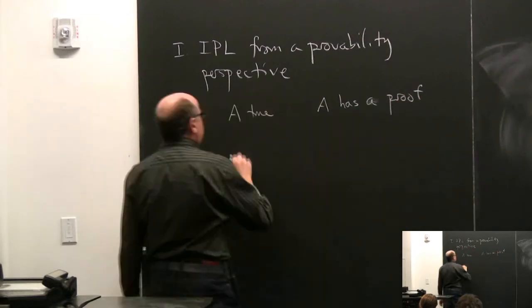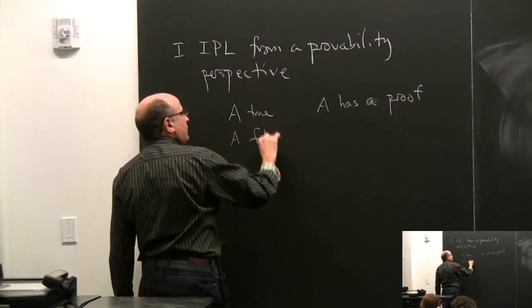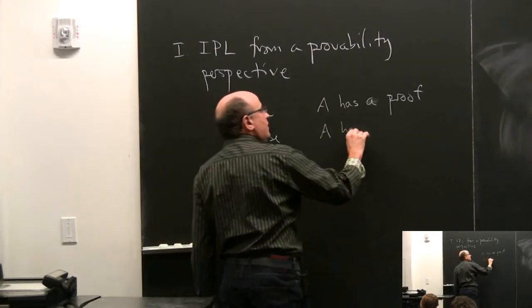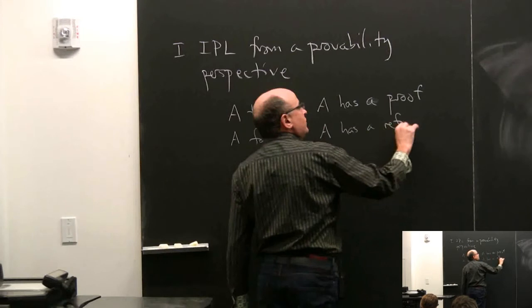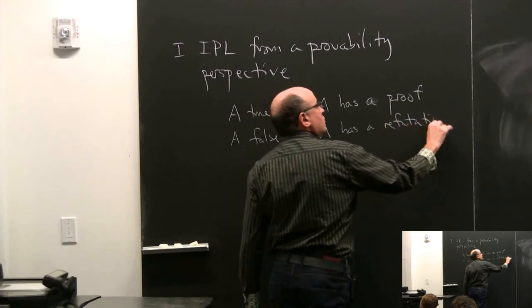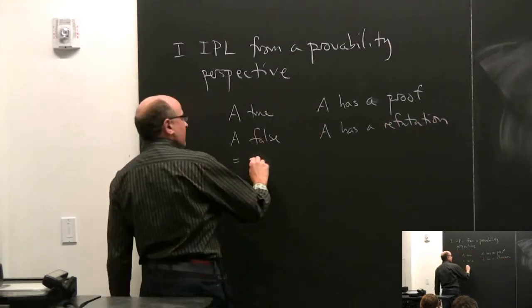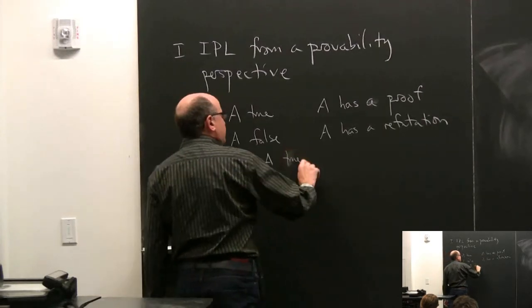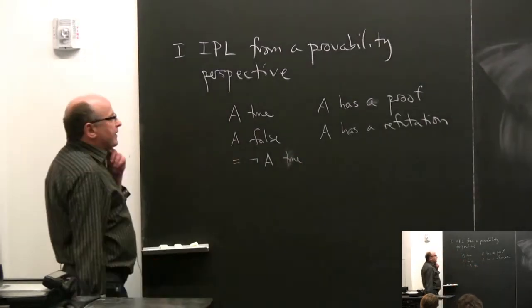We could define it, it'll turn out to be definable, but we could think of A false as meaning A has a refutation, which is really just a kind of proof. This is really the same as saying the negation of A would be true. But sometimes it'll be useful to think of it like that.